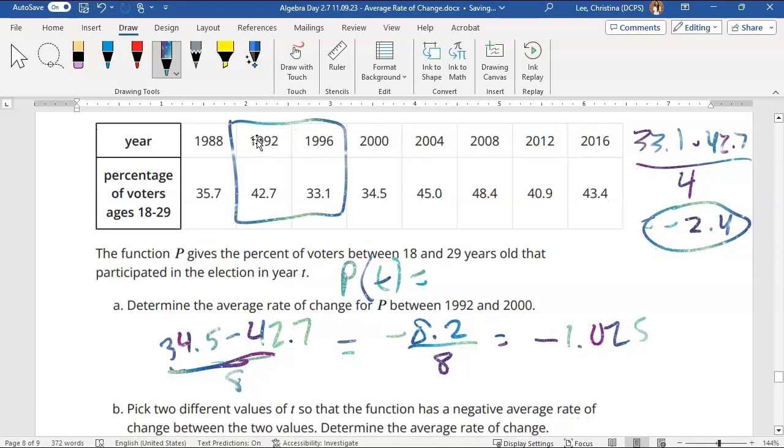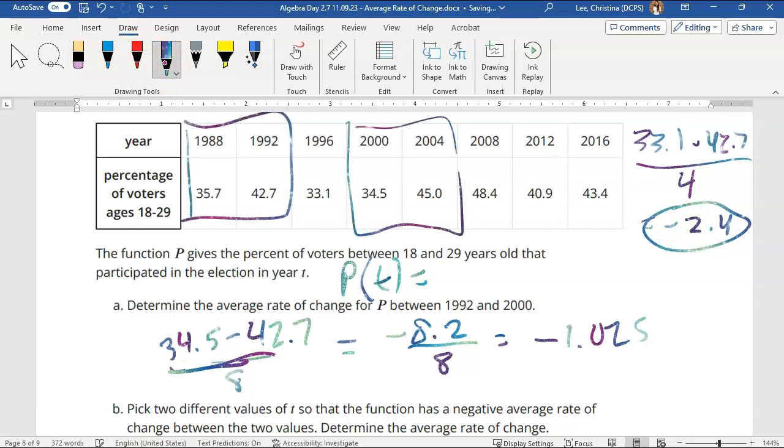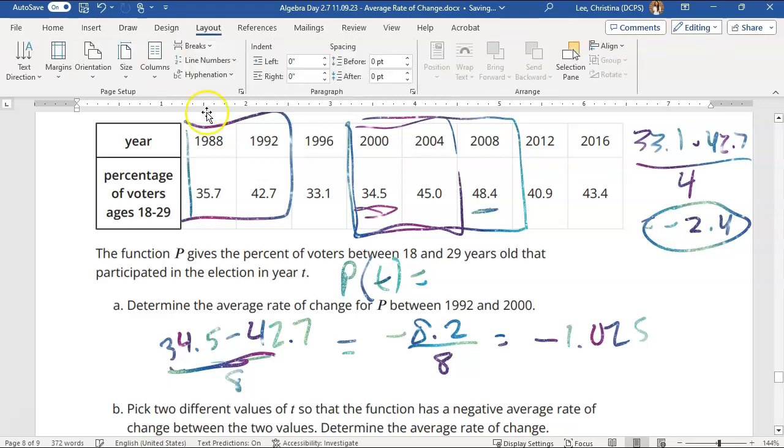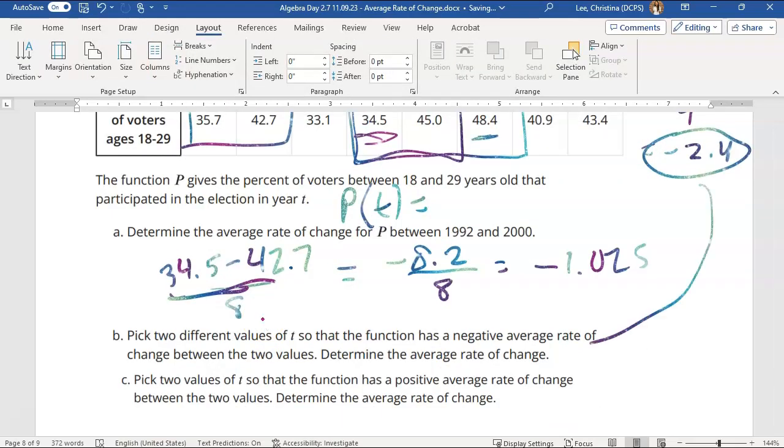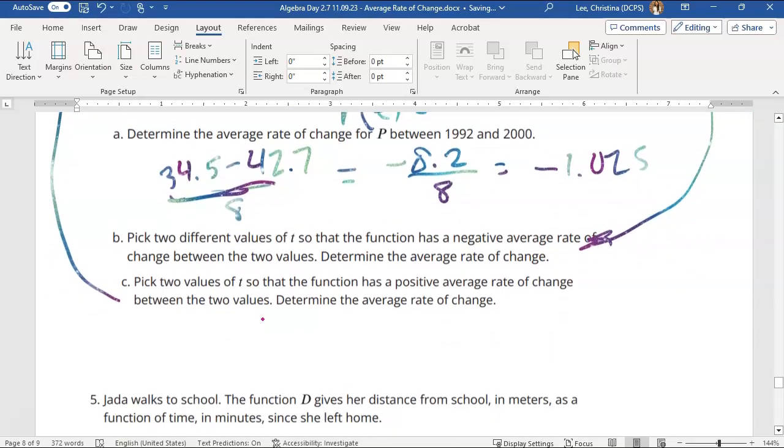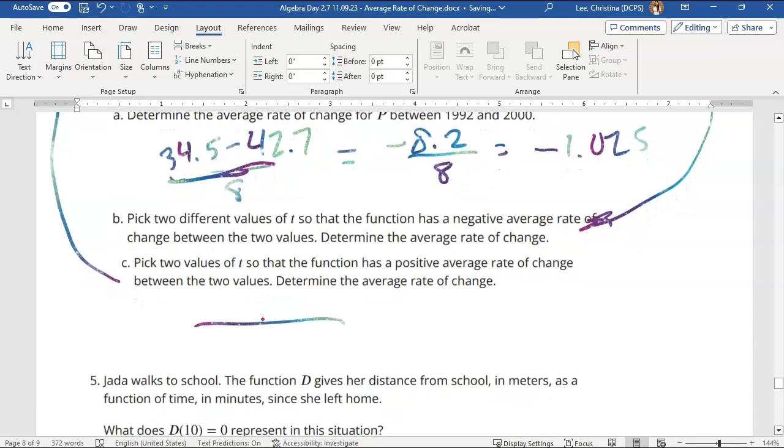If we want to find a positive rate of change, an example of a positive rate might be from 1988 to 1992, or you could choose 2000 to 2004, or even 2000 to 2008, because it goes up from 34 to 48.4. So for this, I gave you this one right here, the negative one. For the positive one, pick one of those and calculate it. Remember, you're putting your change of outputs over your change of inputs.